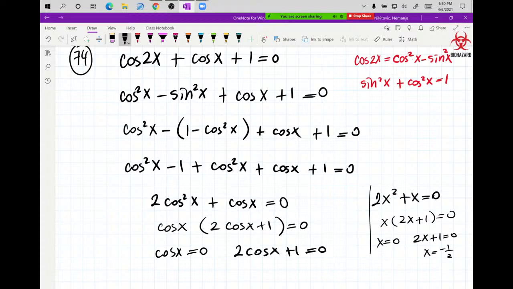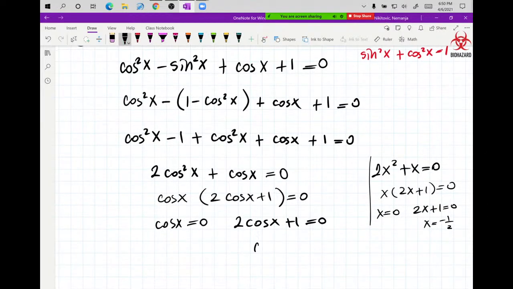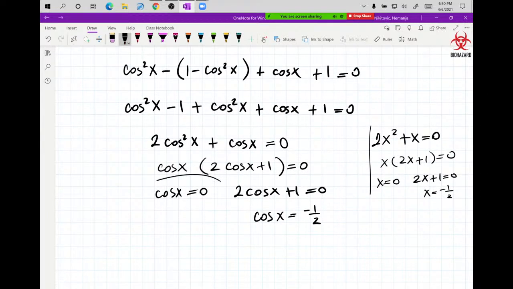Now I need you to see that this is line by line the same, because the next step over here is to write that the cosine of x is equal to negative 1/2. So we are now ready to solve, and you technically have two equations to solve.